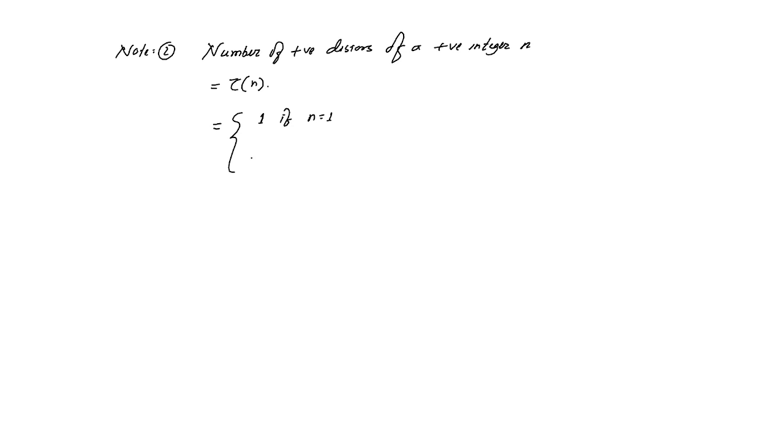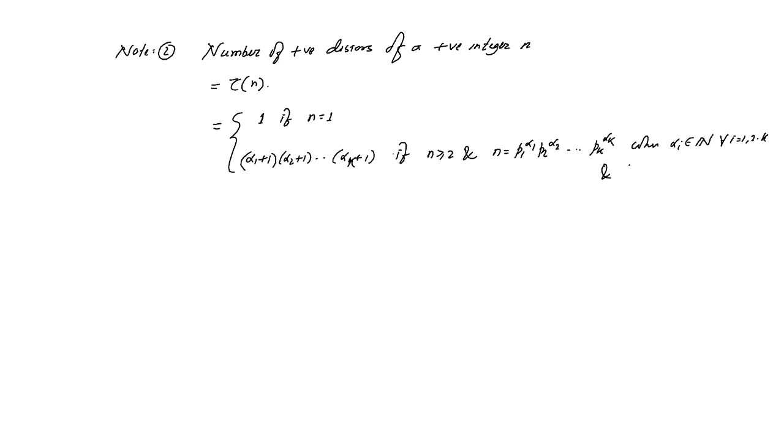Note 2: the number of positive divisors of a positive integer n is considered as tau n, and this will be 1 if n equals 1, and this will be alpha 1 plus 1, alpha 2 plus 1, up to alpha k plus 1 if n is greater than or equal to 2 and n equals p1 to the power alpha 1, p2 to the power alpha 2, up to pk to the power alpha k, where alpha i's are natural numbers for all i equals 1 to k, and pi's are distinct primes.